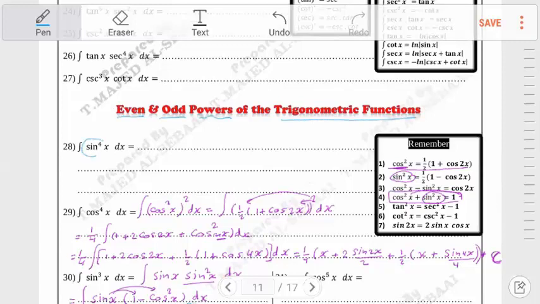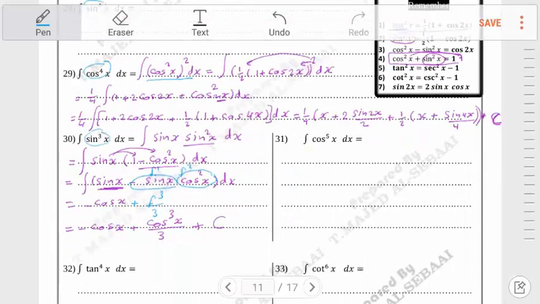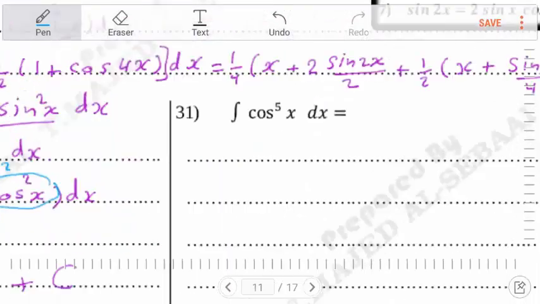We started with sine to the power of 4, cosine to the power of 4. And you saw how we did the even power. We discussed the even, then the odd power.